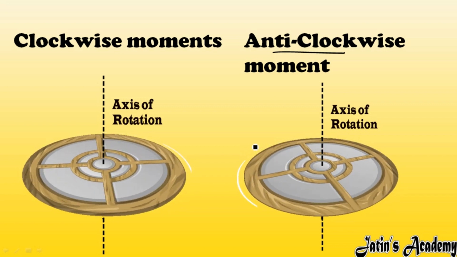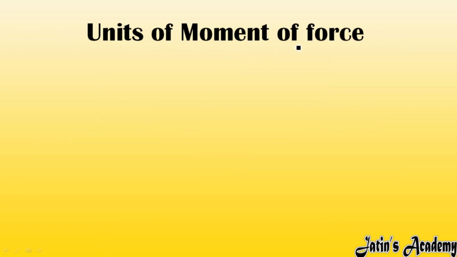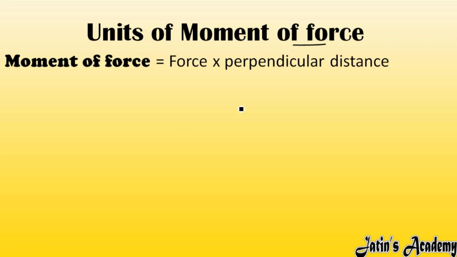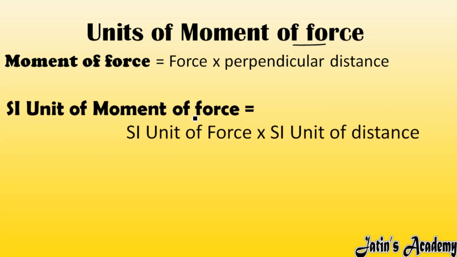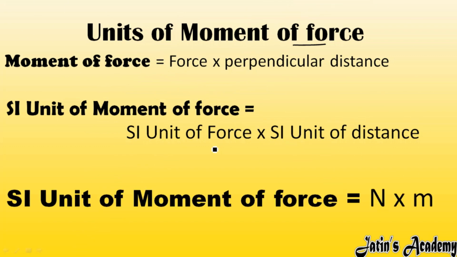Okay. Next, we have the units of moment of force. Using the formula we have just discussed, moment of force equals force multiplied by perpendicular distance, we will see the units. First, the SI unit. As we know, the SI unit of force is Newton and the SI unit of distance is meter.